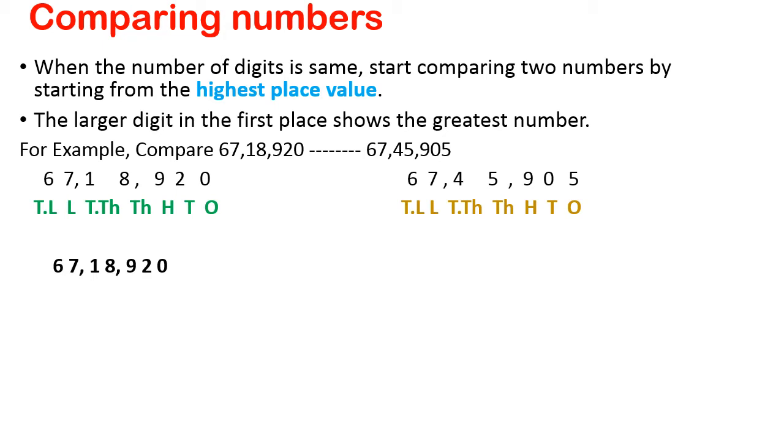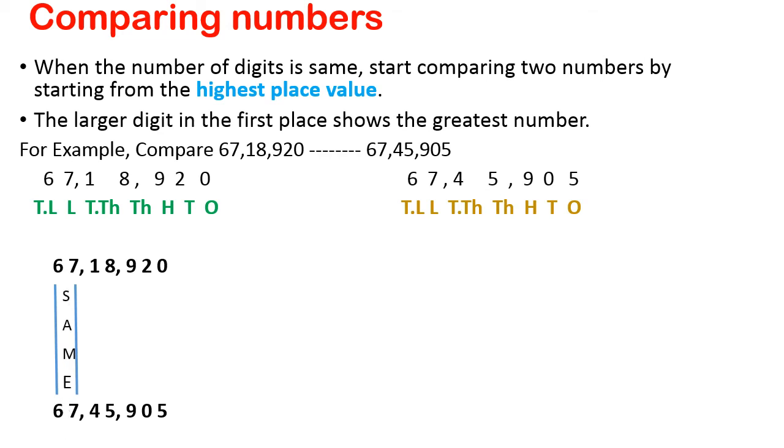Now we are going to find out the highest place value. What is the highest place value here? Ten lakhs. So now we are going to start from the place value of ten lakhs. What is the number in the place value of ten lakhs? 6. Okay, in both numbers it is 6. So these numbers are same. Now look at the next place value, lakhs. So 7, 7.